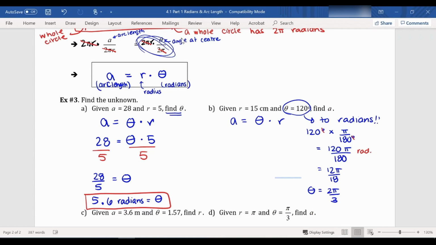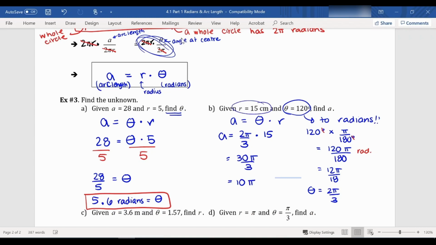Now I can go back to my question. A is equal to 2 pi over 3, our theta, times 15, our R. This gives us 30 pi over 3, or 10 pi. And we have units for this question.